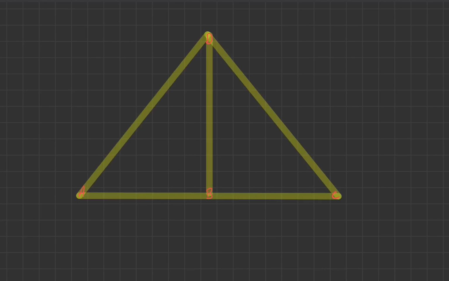Okay, so we're going to first draw our external forces. So we had F1 here, like that. We had F2 here. We had RCY, RAY, and RAX.